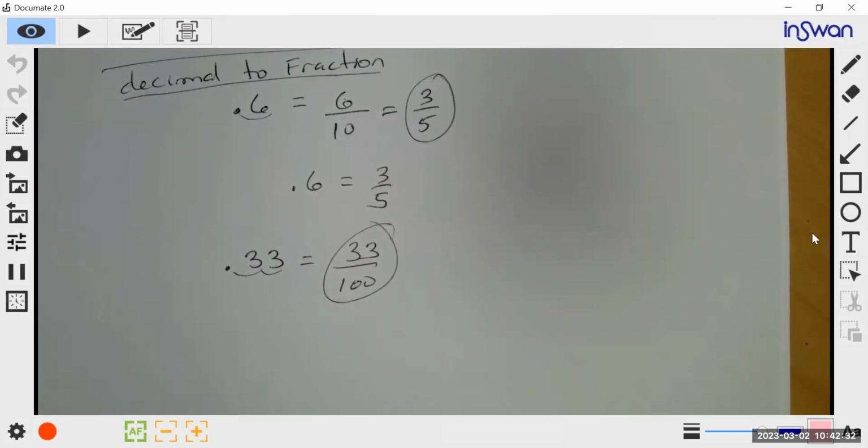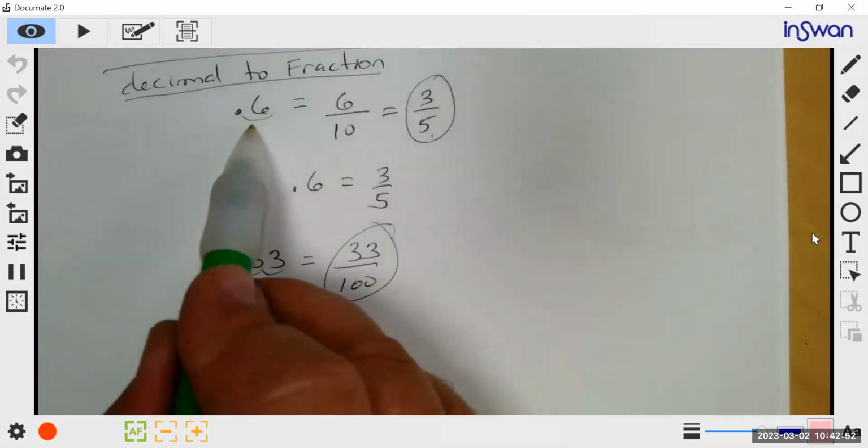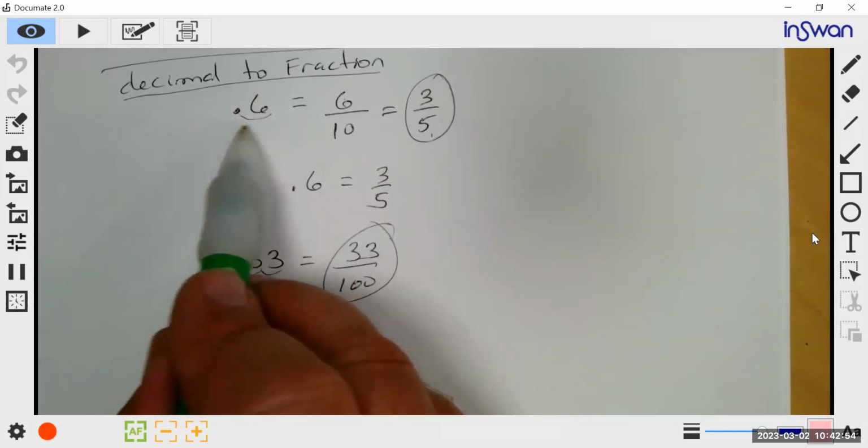Are those proper or improper? How do we know if they're proper or improper? What's that? The bigger number at the bottom? Well, either one of those. They're both, are they proper or improper? Why? Yes, because the bottom number is bigger than the top. But how do we know this is a proper fraction?